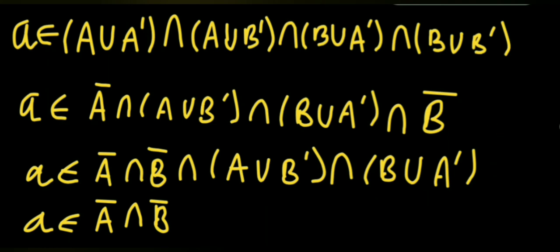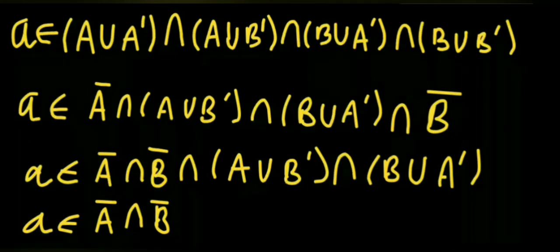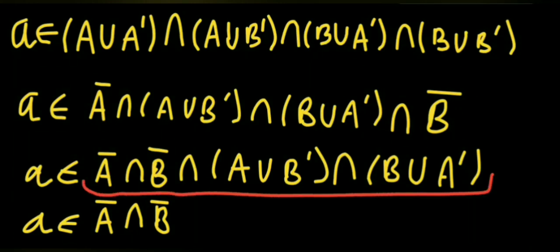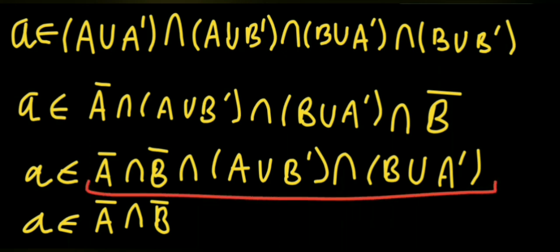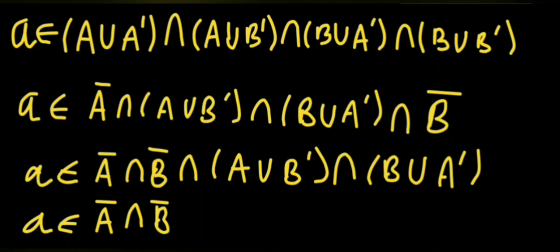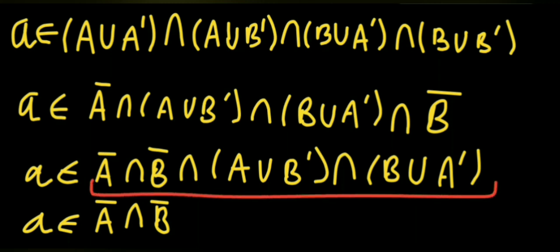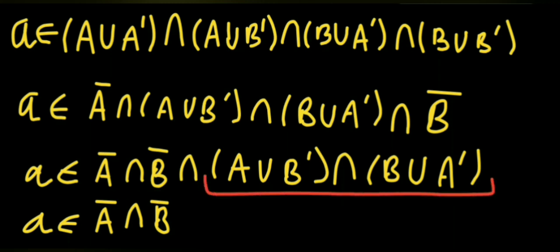Now we can write it as a belongs to closure of A intersection closure of B. Here we can write this because if some element belongs to the smaller set, then it must belong to the bigger set. We can easily see by the property of intersection that this is the smaller set than this set. We can tell the same thing for this portion also, that if a belongs to this set, then a belongs to this set.